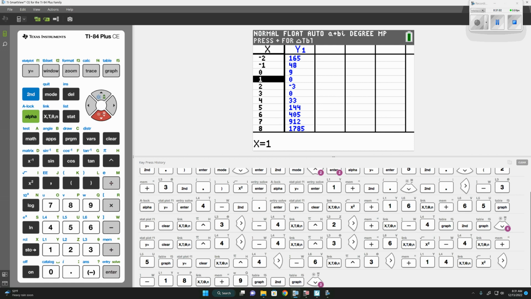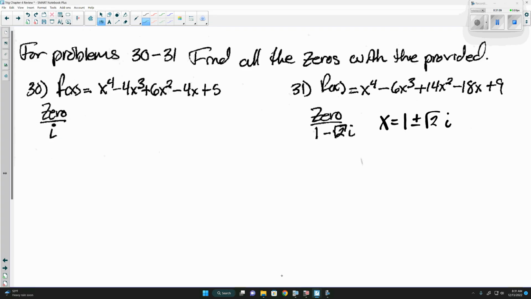Hey, and we do have 2 nice values. We have 1 and 3, yes? That's it. For this part of the homework section where it does do that, I did give you a few problems like this. Graph it. See if the other solutions are nice whole numbers or nice integer numbers. If they are, you're done.